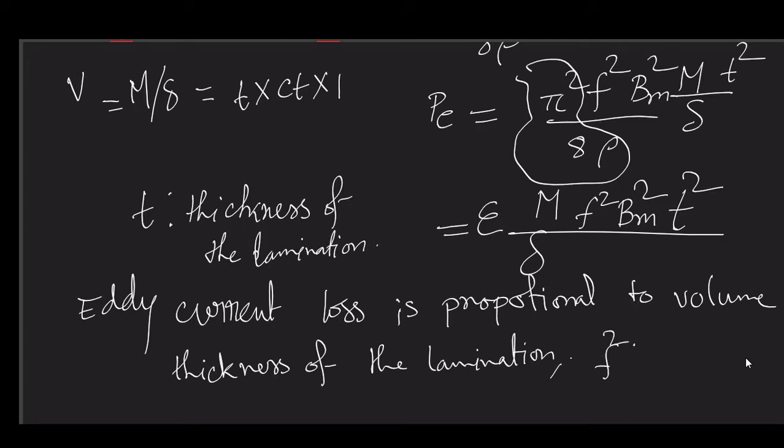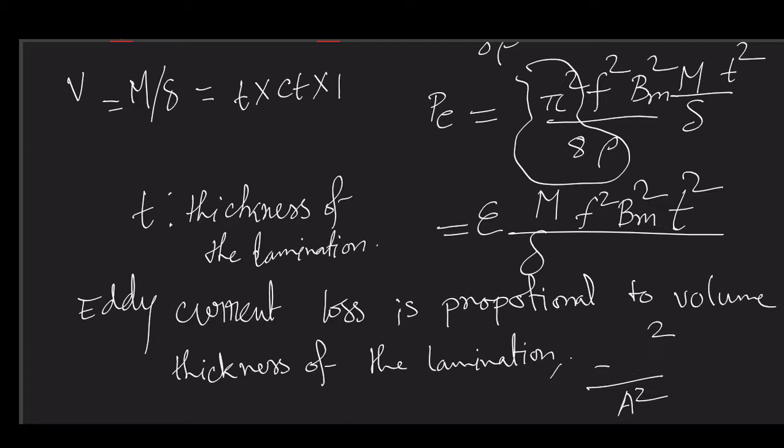Again f square Bm square. Bm square you can visualize as proportional to phi square by a square. Then this whole thing can be boiled down further.